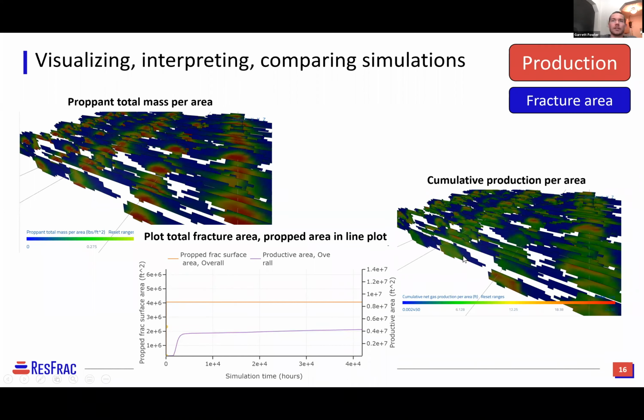but could also identify differences, right? So there was an example of a simulation where I was trying to figure out why one well was doing so much better than another well. And it was because the bottom tip of the fractures in one well had actually touched down into a higher saturation zone and were super productive.